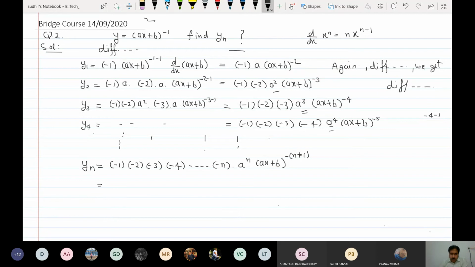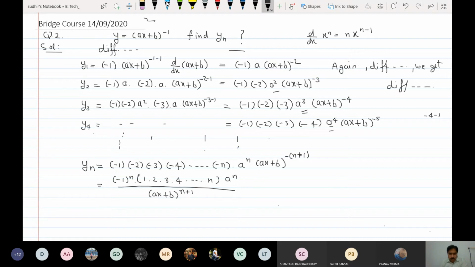So we take minus common, we have minus n times, so it is minus 1 raised to the power n. Then 1, 2, 3, 4 up to n. So these are the product from 1 to n, a raised to power n. And if we write it in denominator, it is (ax plus b) raised to the power n plus 1.